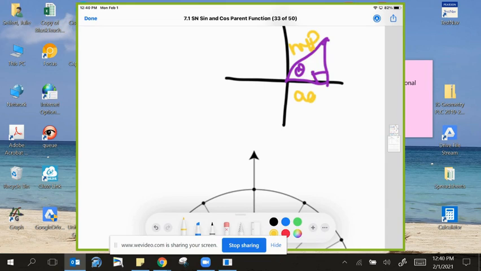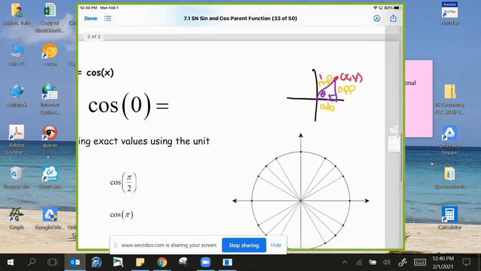Your adjacent is the x. That hypotenuse is 1. So cosine is the adjacent. We'll have a point, x, y. If the hypotenuse is 1, cosine is x, because x over 1 is x.